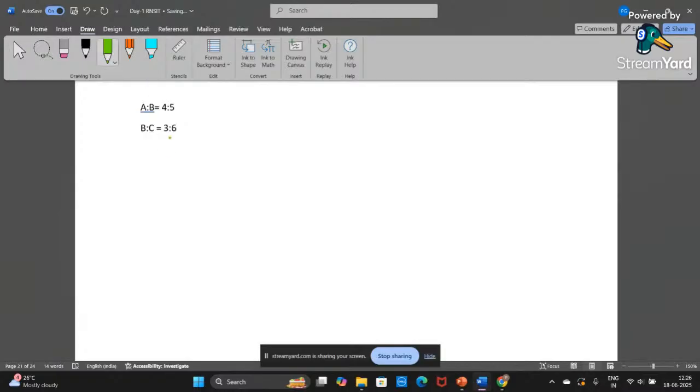Then this we have to get in the form of A is to B is to C. But here we have one value for A, one value for C, and two values for B. So what you have to do? As I told, you have to follow this method: A, B, B, C. To find A value, you have to multiply like this. You'll get A.